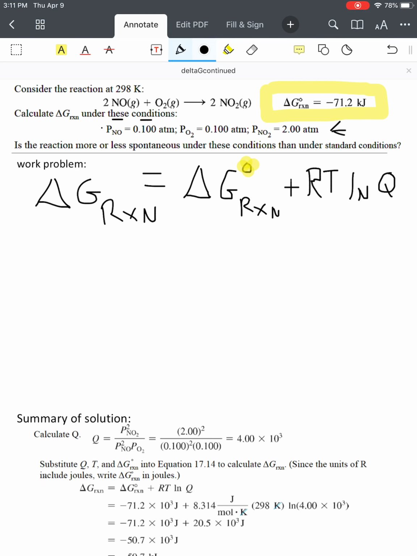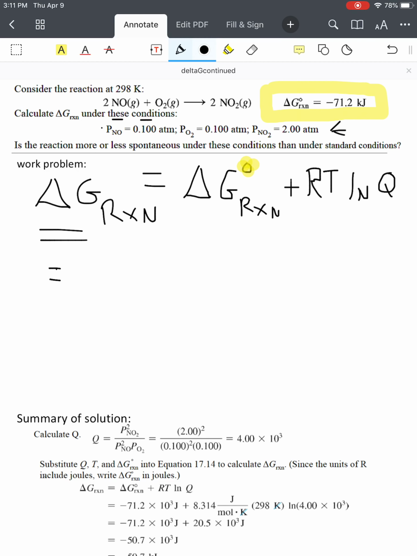Don't use log anymore for this equation. But if you compute the natural log of Q, multiply it times RT, and add that number to delta G0 reaction, we can in fact compute whether or not this reaction is spontaneous as it is written. That's our approach. This is what we need to do.